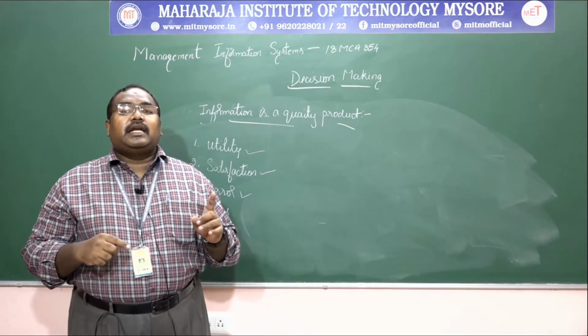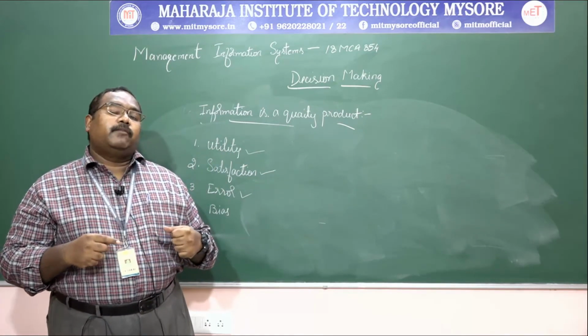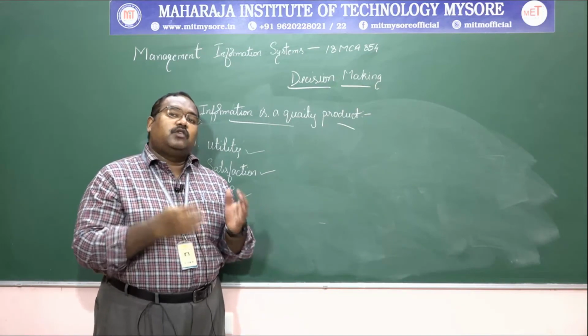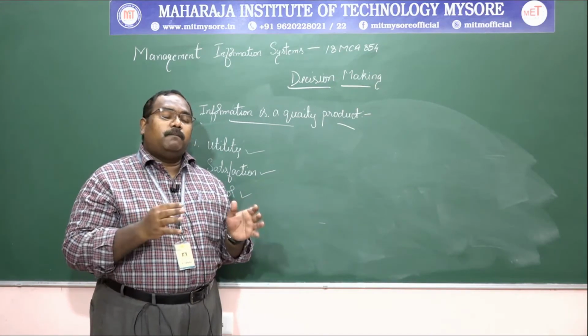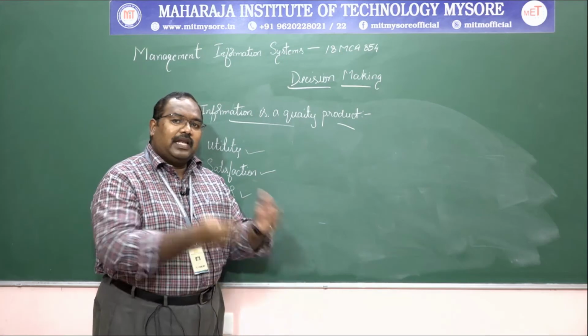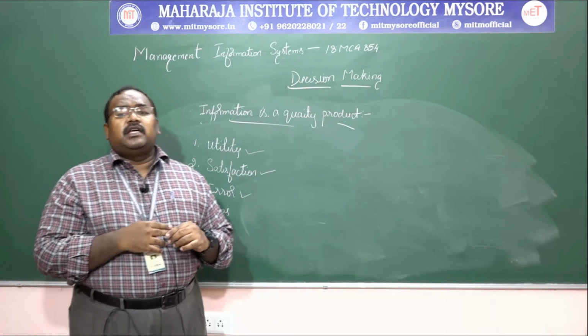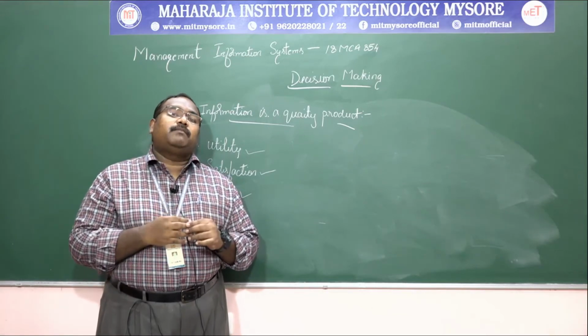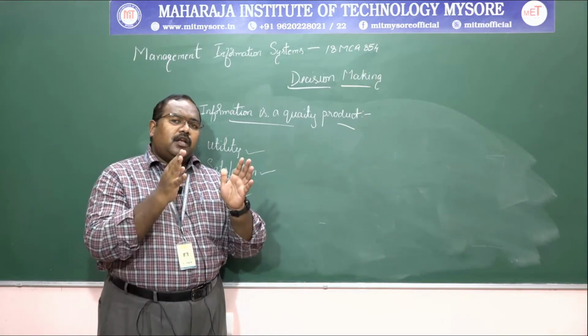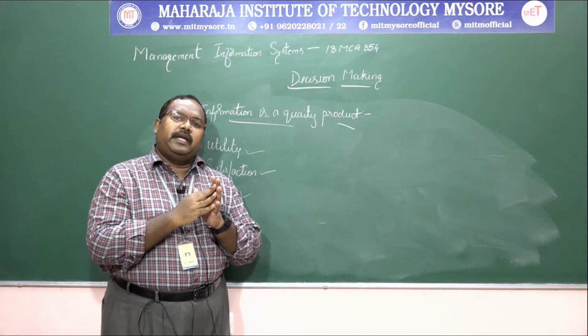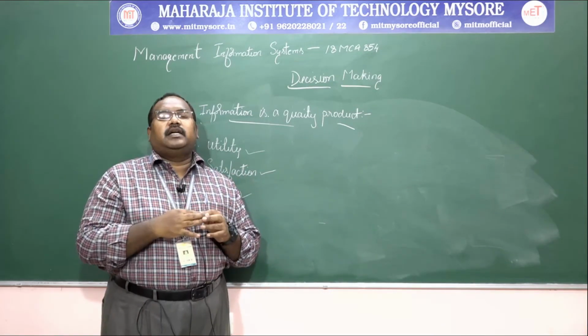Second one, incorrect collection method. See, data collection has a lot of methods in it. If the proper method is not used while collecting the data, again errors do creep into the information. Next, failure of prescribed data processing. Means there are a lot of processes already predefined in order to process the data.